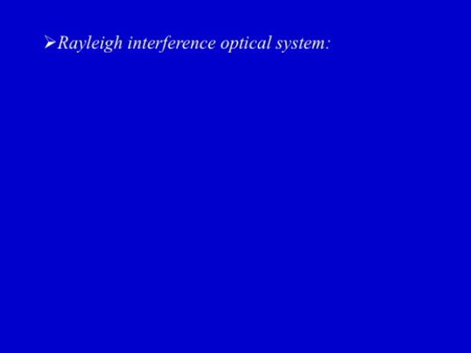Now, there is a third system, which is the Rayleigh interference optical system. It is an improved version, you can say, of the alternative Schlieren system, where the sensitivity of the Rayleigh interference optical system is much higher. And as the concentration is higher, many systems utilize the Rayleigh interference optical system.